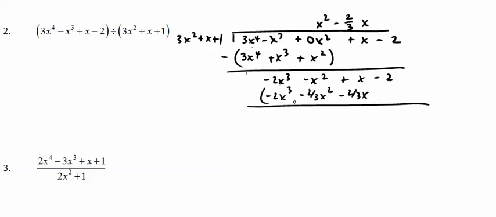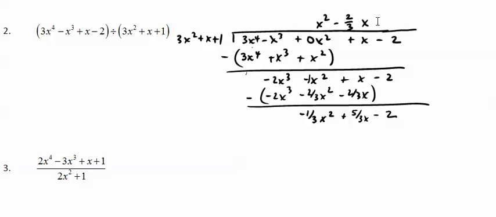Now I'm going to subtract. Gone. This is now negative 1, plus 2/3, so that's negative 1/3. This is 1 plus 2/3, so that's 5/3, minus 2. So now I can do division one more time.